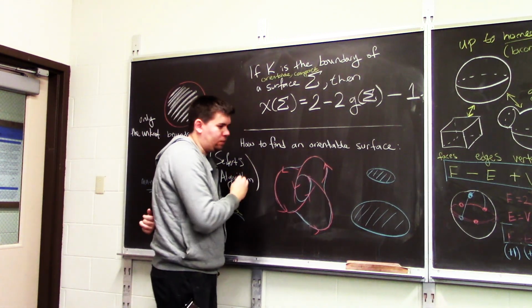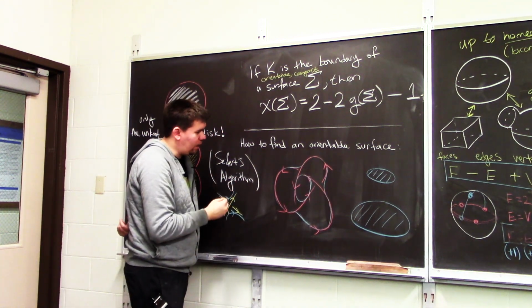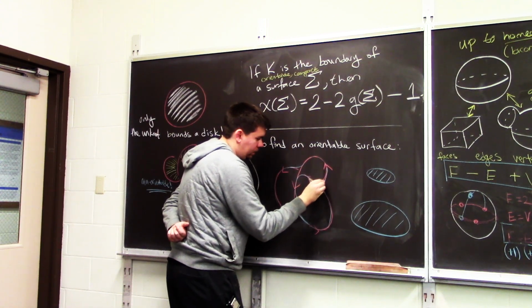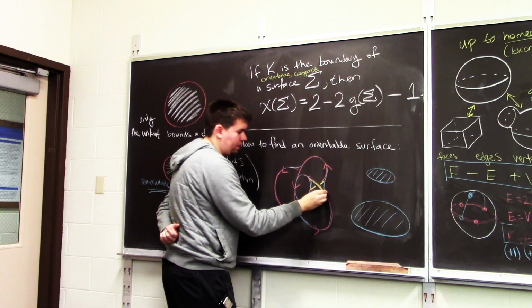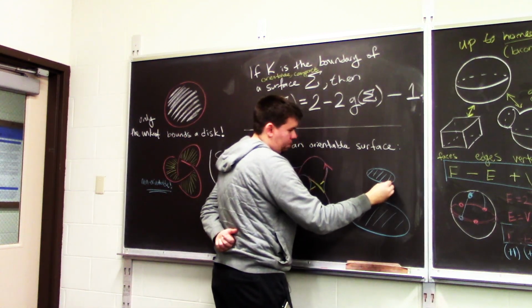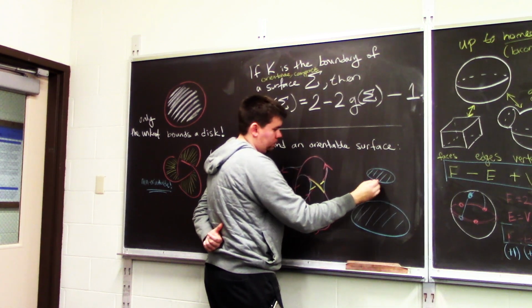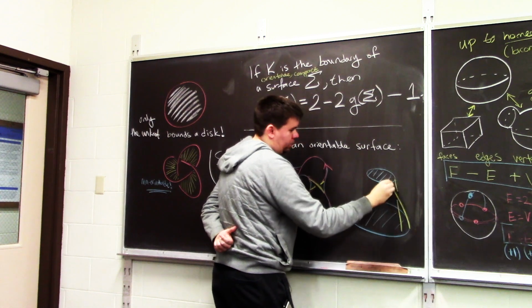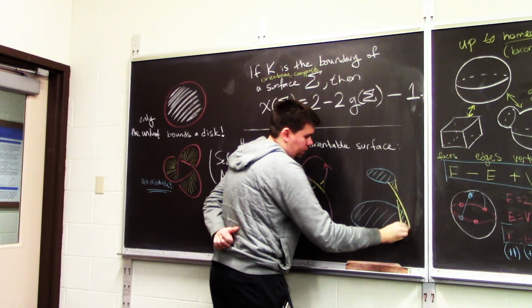We have these crossings. And Seifert's insight is, well, what this crossing really is, it's just like a band that's connecting the bottom disk to the top disk. So this right here corresponds to some band that has a half twist in it that's attaching the bottom to the top.